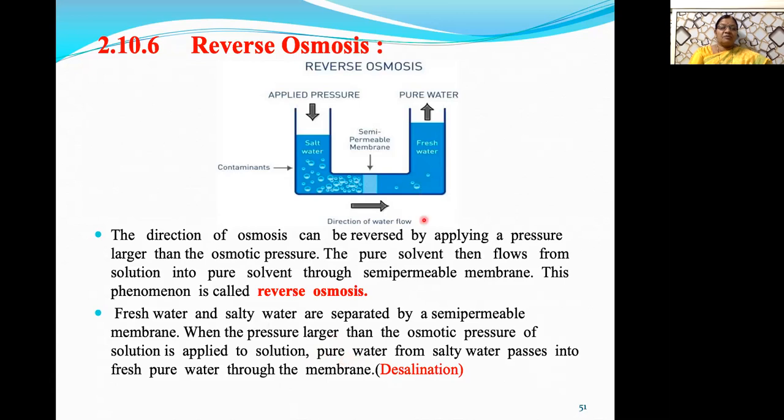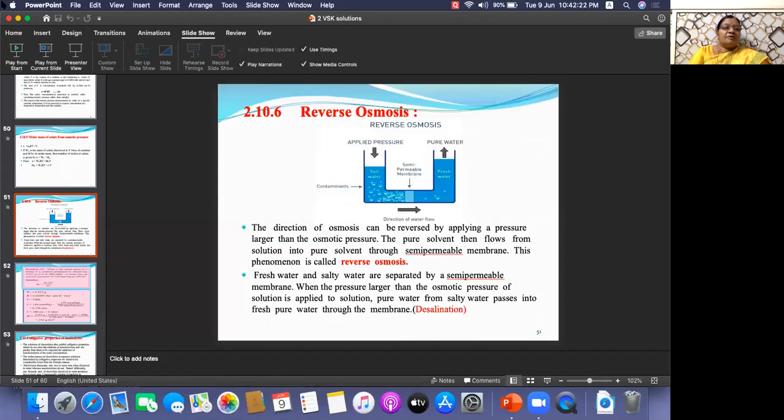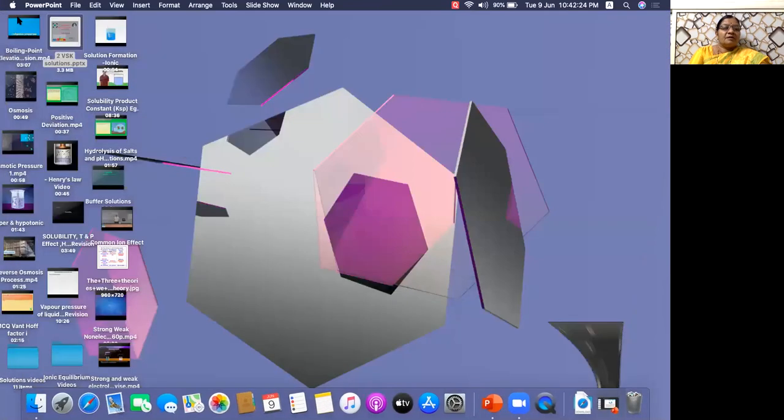The process is known as the desalination process. Now related to this reverse osmosis, we can observe a video.